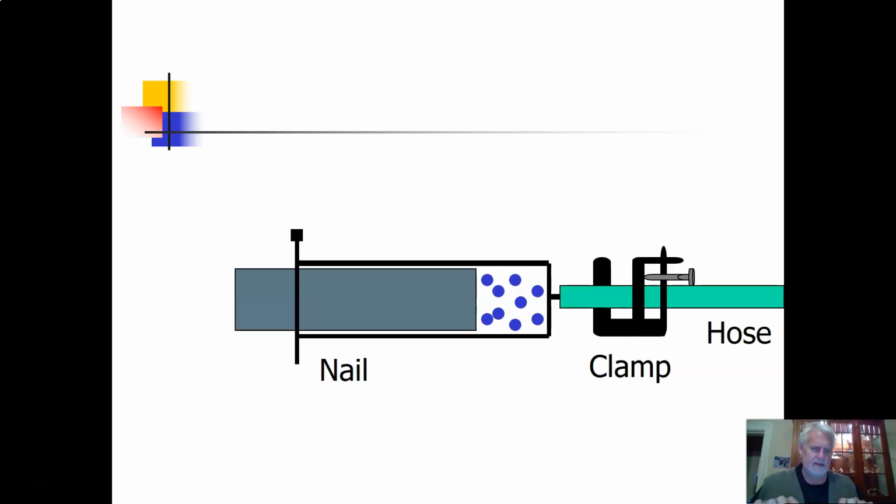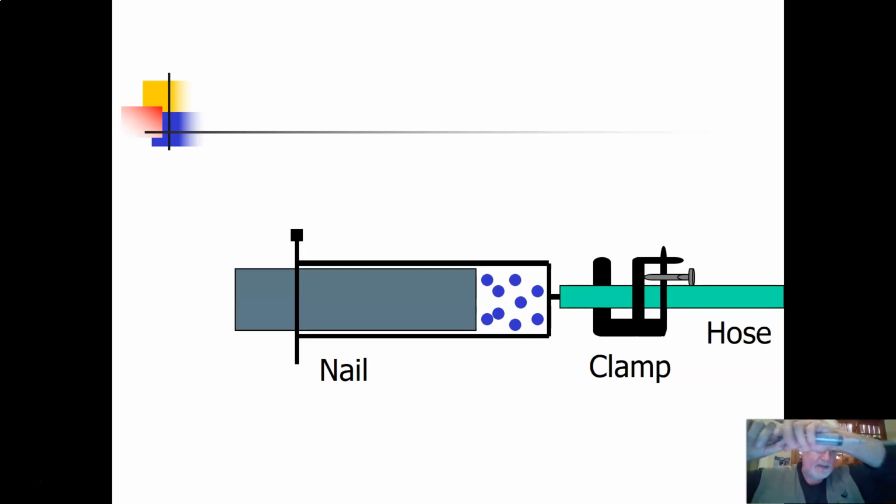Now, here's the secret to doing this. So let's push this on out of here. So out that comes. So now, if you put the clamp on first, and you make sure that that's clamped closed like that, and you pull that plunger out, you really have to crank on it, because it's not allowing any air in.